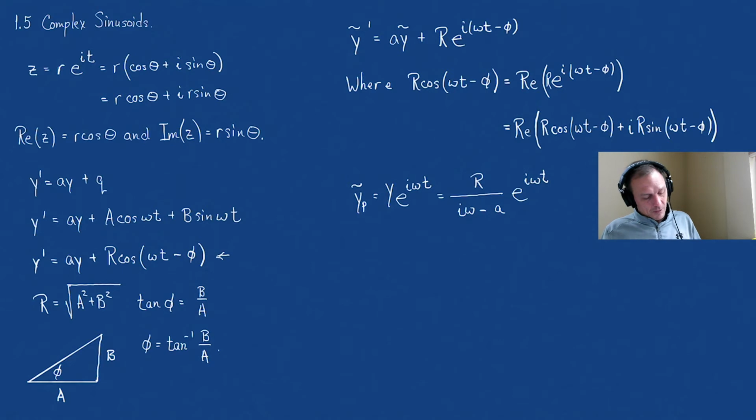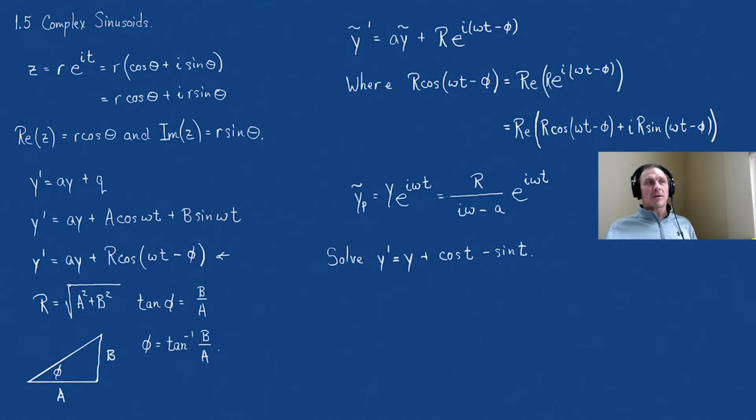is through an example. So what we're going to do is solve y prime equals y plus cosine of t minus the sine of t.